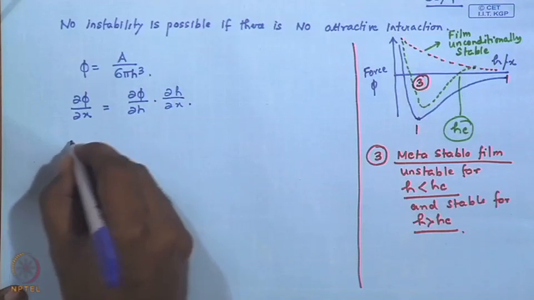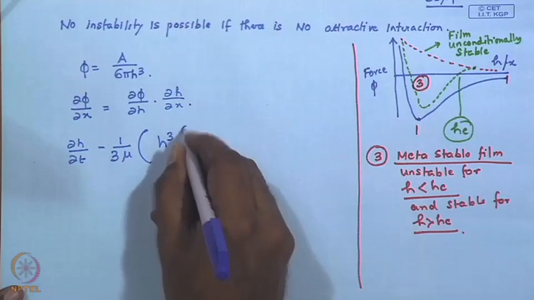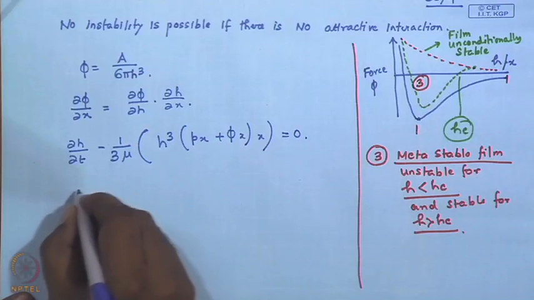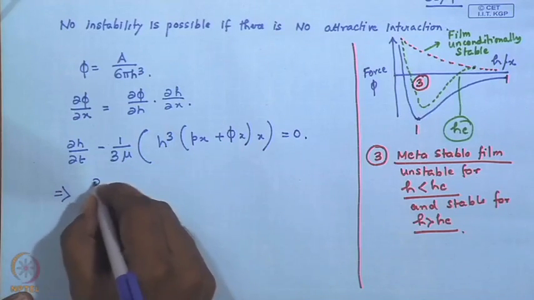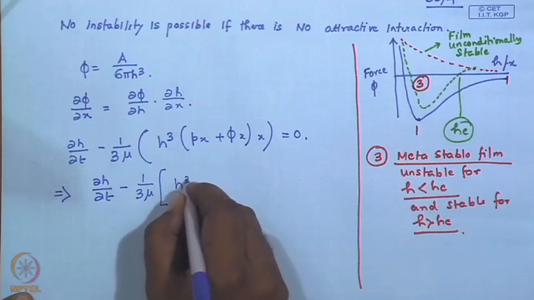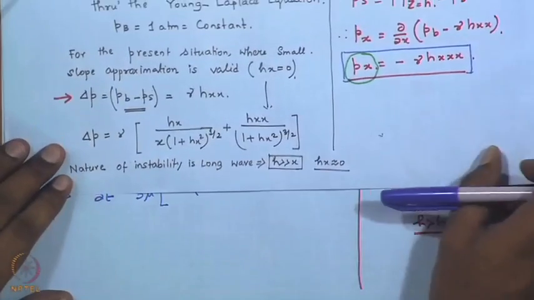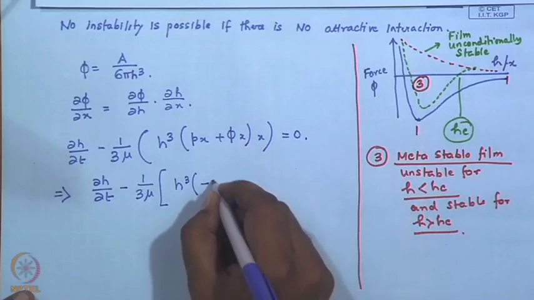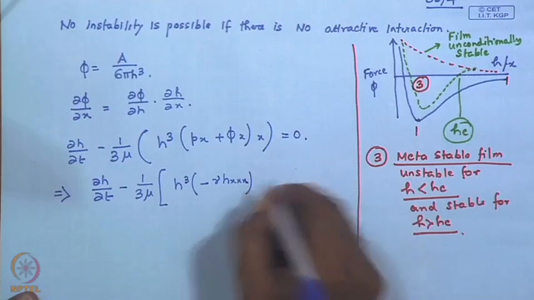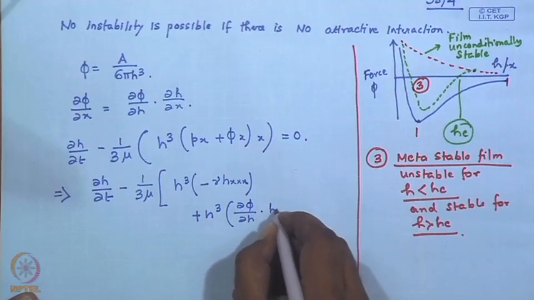If we now look back at our governing equation, which is del h del t, the equation where we started our discussion, which now if you substitute the values of phi x and p x, you will get the expression of p x we already have, which we will simply plug in, and of course the expression of phi x is here.